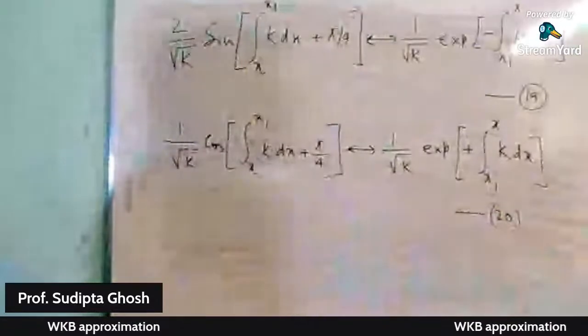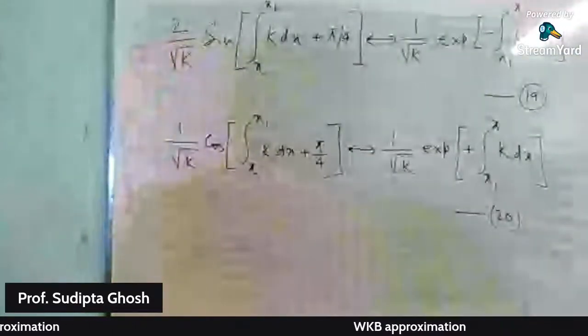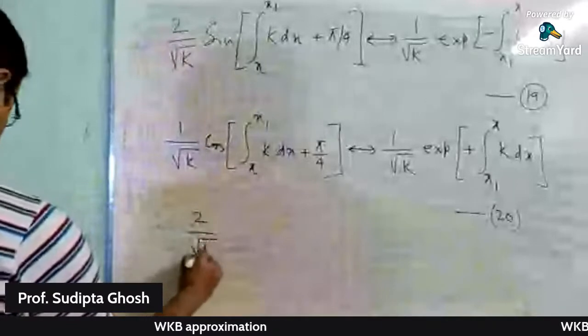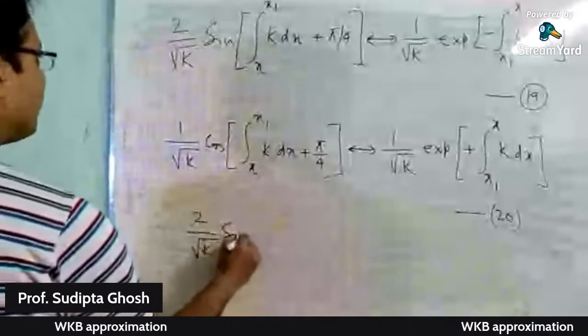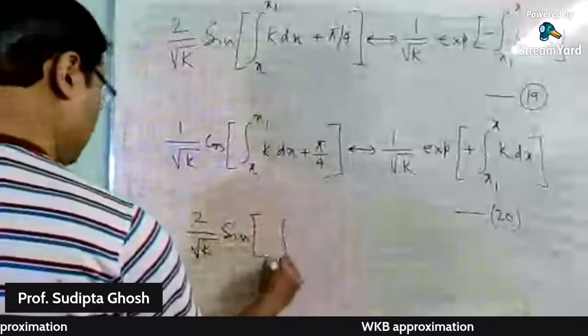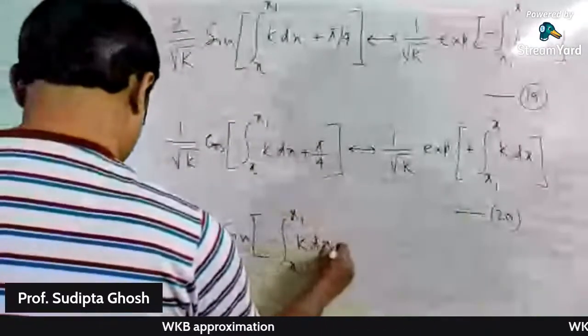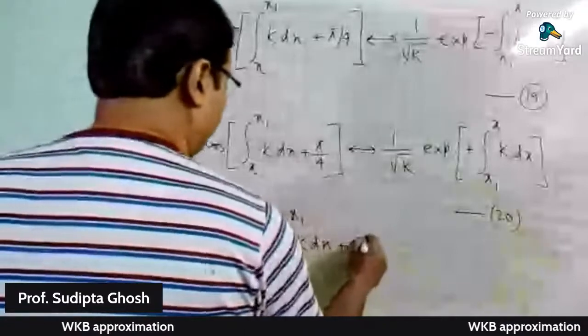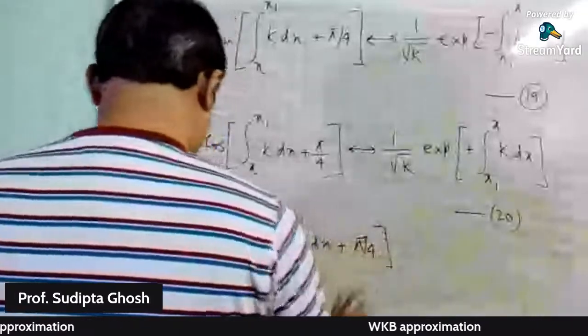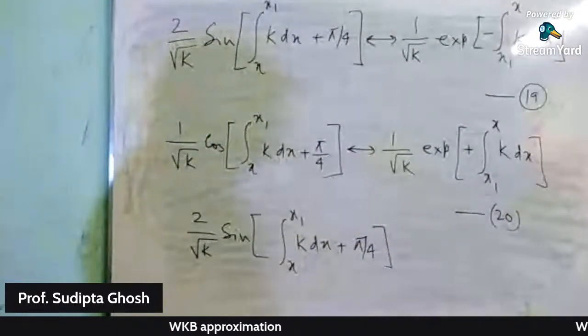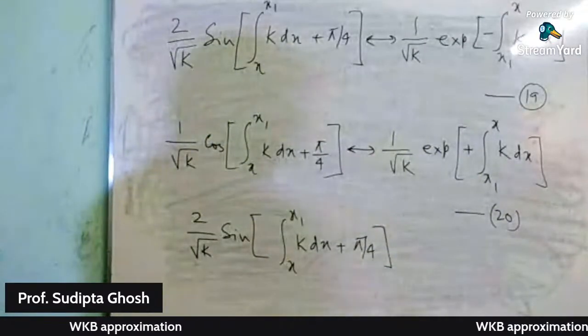So the WKB solution given by 2 by root of k sine integral x to x1 k dx plus pi by 4 in the region x less than x1 goes over.